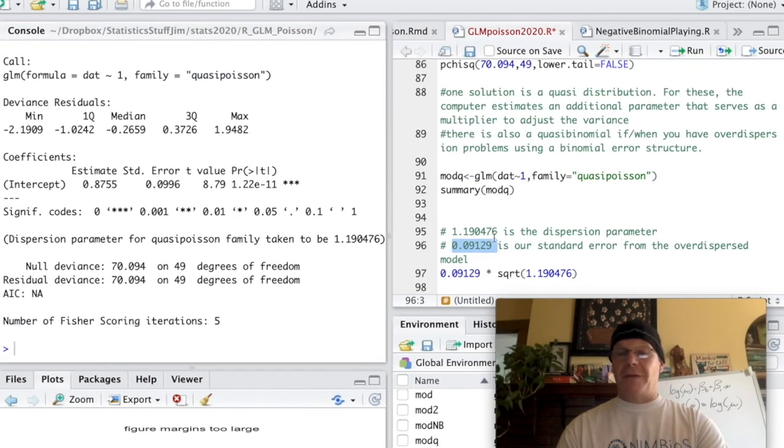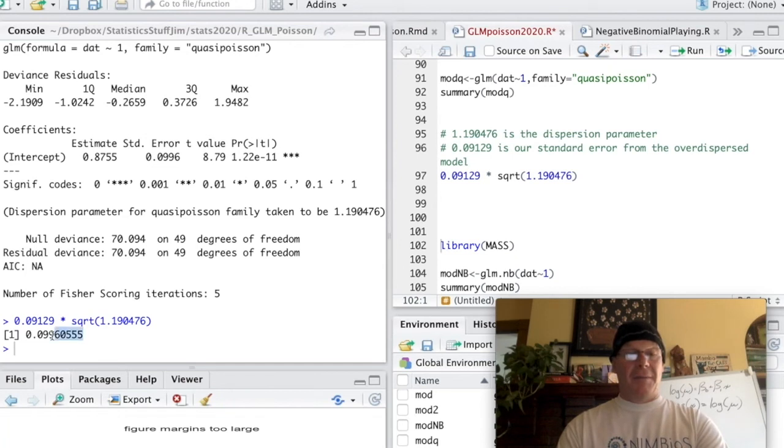And so we'll take the square root of our dispersion parameter and multiply that by the standard error of the original Poisson model. And what we end up with, as you see here, is the same value.